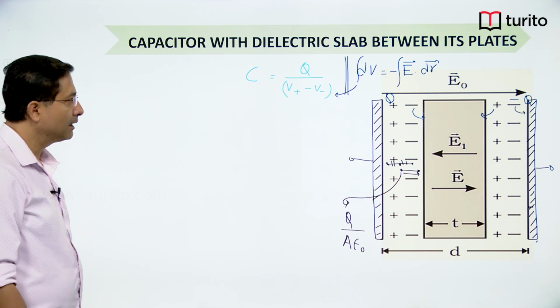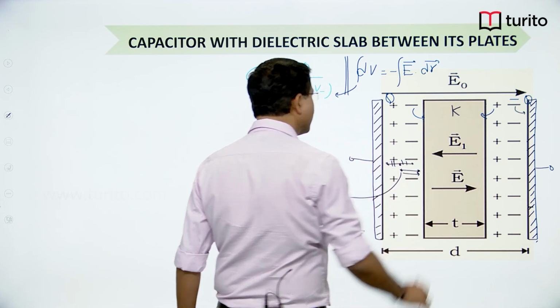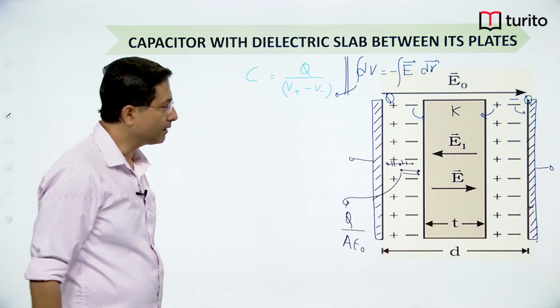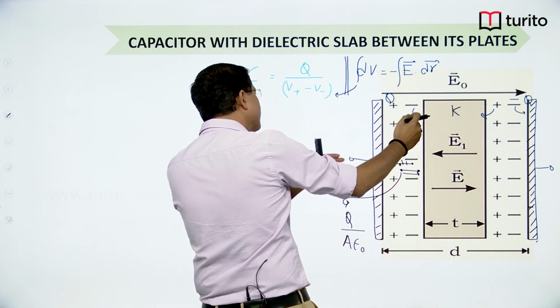And if the dielectric constant of the material is K, the net field inside, I am talking about the net: the external field will be there, and due to polarization a field will be in the opposite direction.